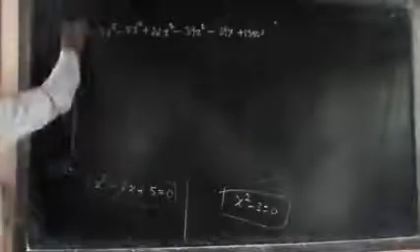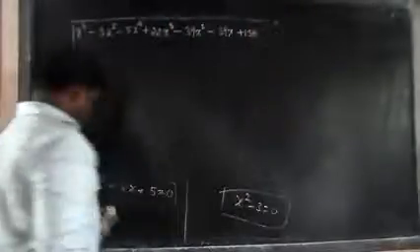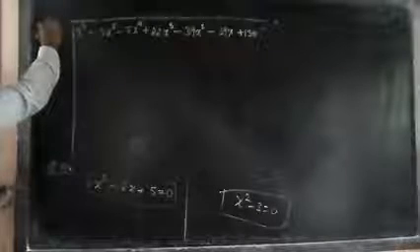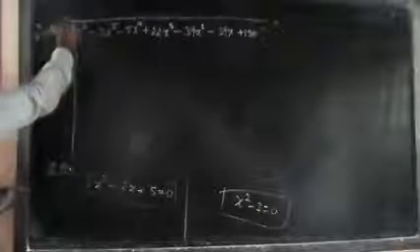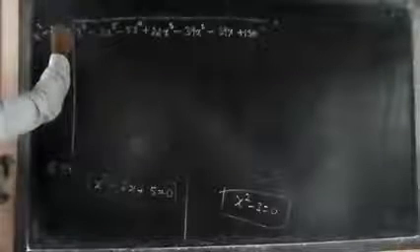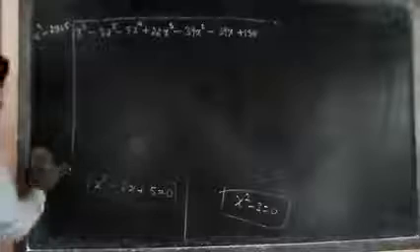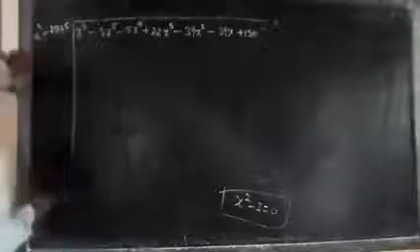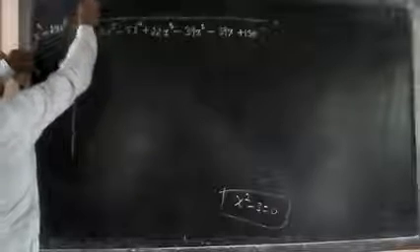Divide this polynomial by x square minus 2x plus 5. X square is there, x power 6 is there, so x power 4.